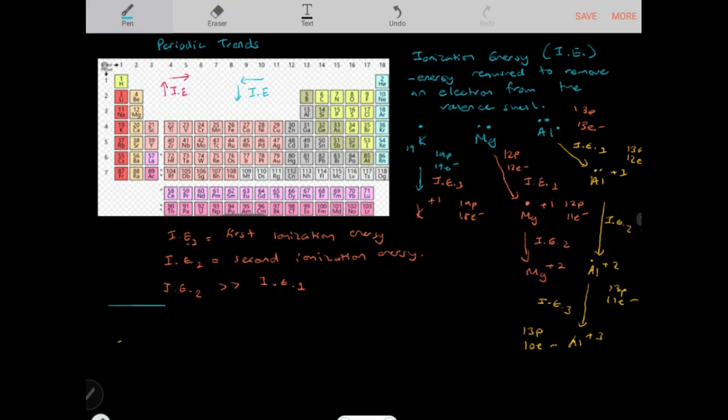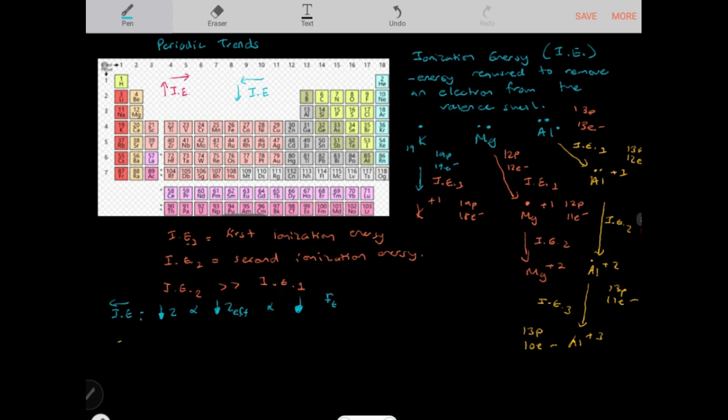Why does the ionization energy decrease to the left of a period? Well, the nuclear charge decreases, because the number of protons decreases. As a result, the effective nuclear charge decreases, and the force of attraction that holds the electrons together decreases.